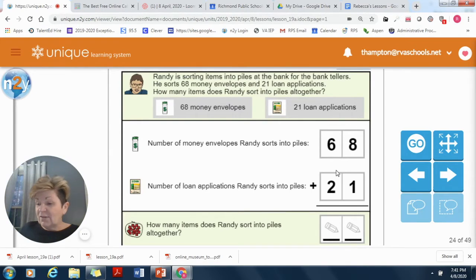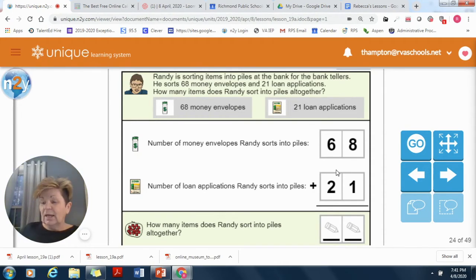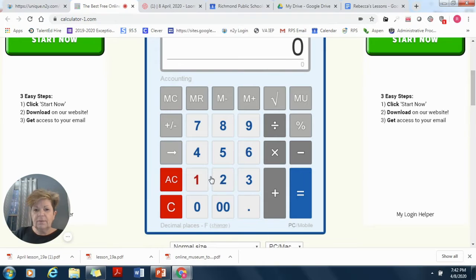And then we can add those together and we get 6, 7, 8. And our answer is 89. Very good.